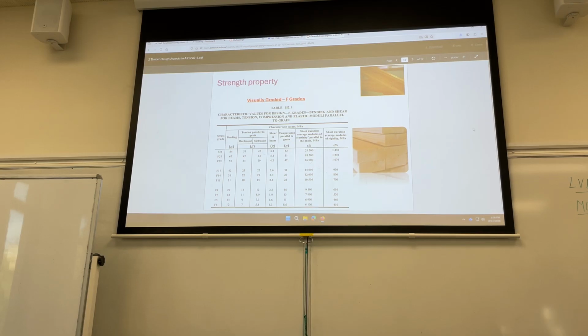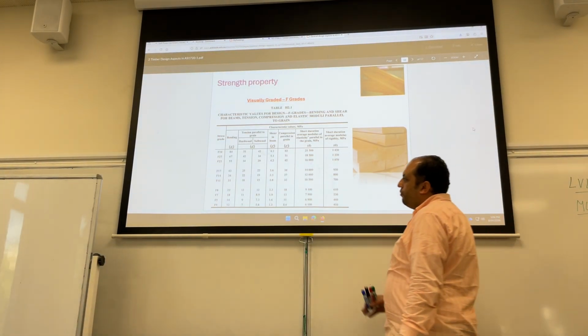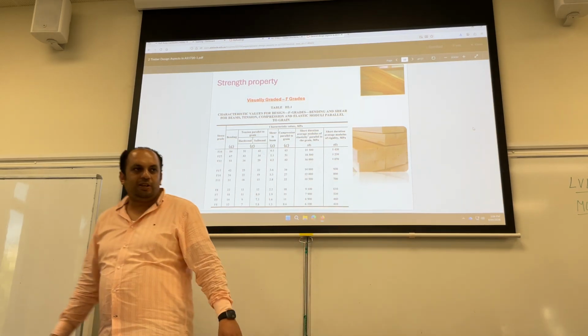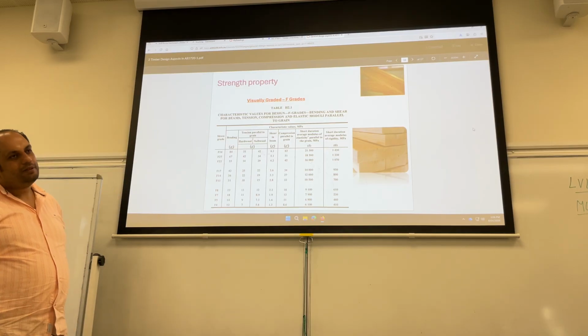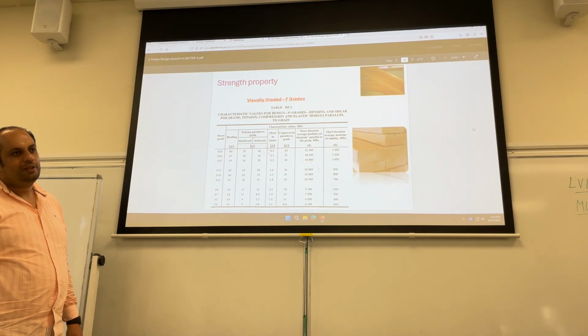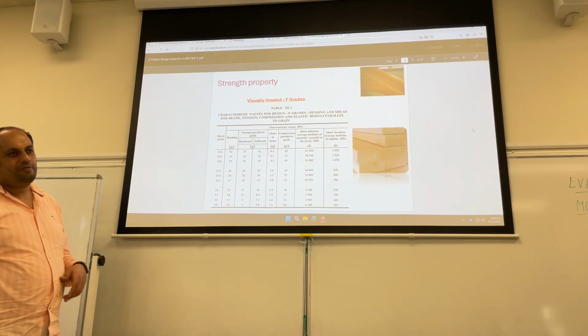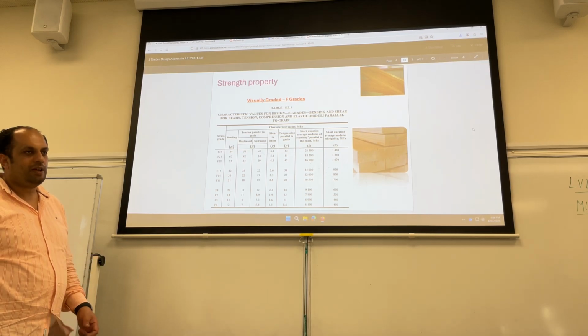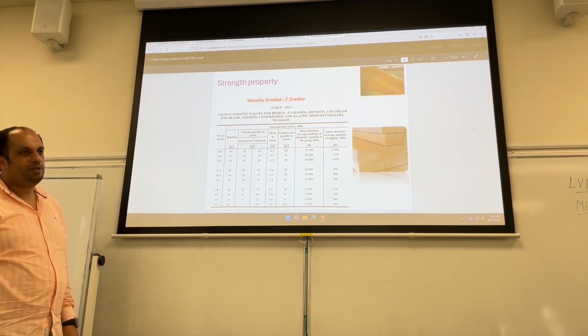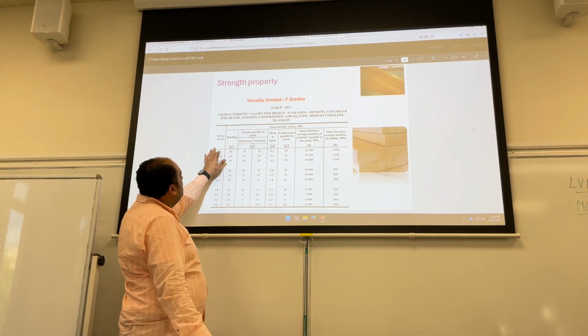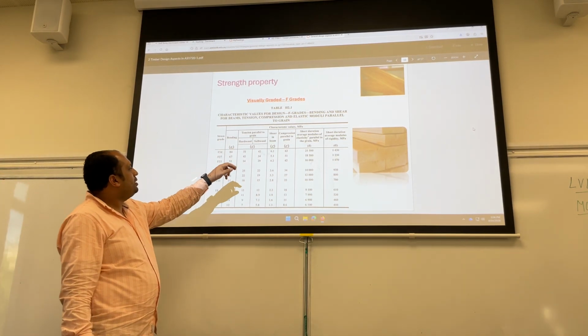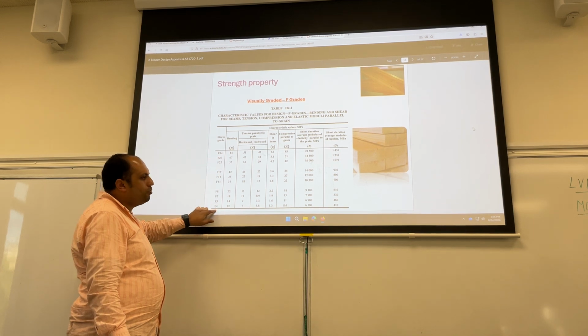This table gives us some examples of F grade timber. What is F grade timber again? It is visually graded, meaning it is graded by a visual method, not by a machine method like MGP or manufactured timber. We need to test anyway. In table H2.1, we have the characteristic properties of F34 up to F4.